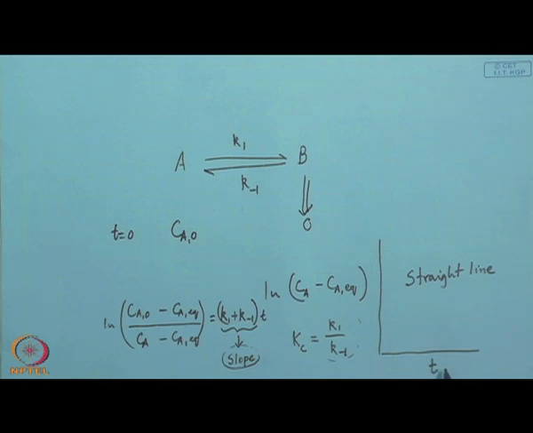We plot this and get a straight line. From this straight line, we get the slope, which is nothing but K1 plus K minus 1, and equilibrium experiments will give you the K1 by K minus 1 number. So, from these two you will be able to find out the forward rate and the reverse rate.